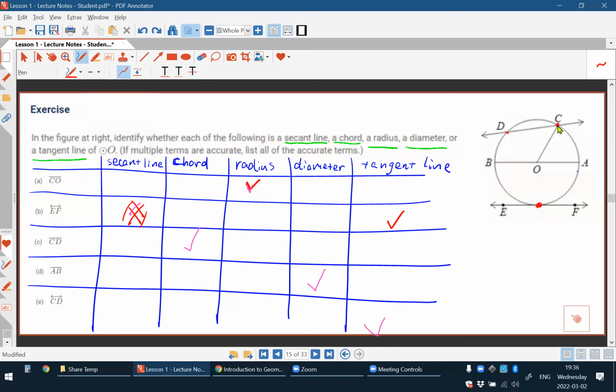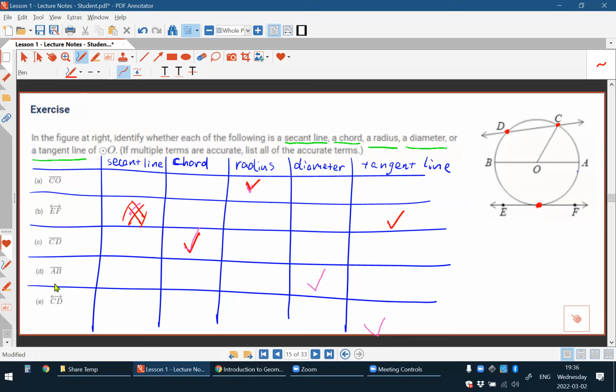C is a point on the circle, D is another point on the circle, so the segment CD is a chord. This is correct. And if it is a chord, it cannot be a radius because a radius is a segment from the center to any point on the circle. That's correct. And it's not a diameter as well. And it's not a tangent line.